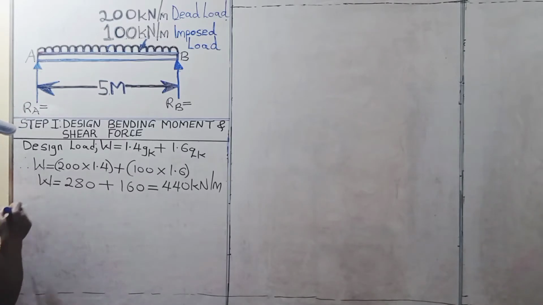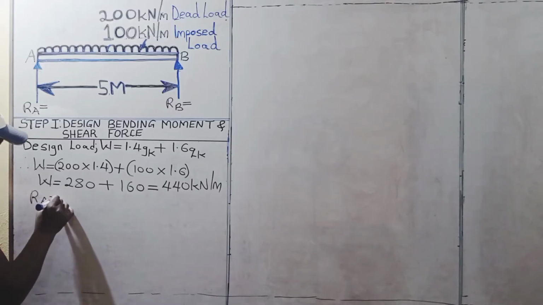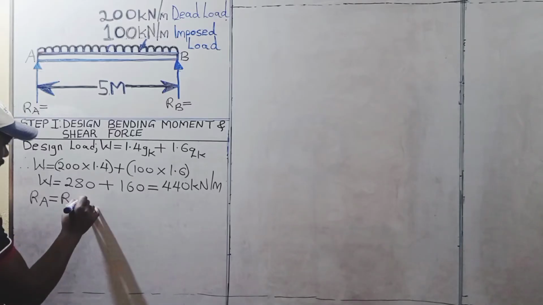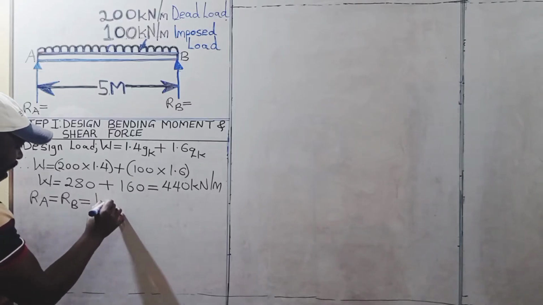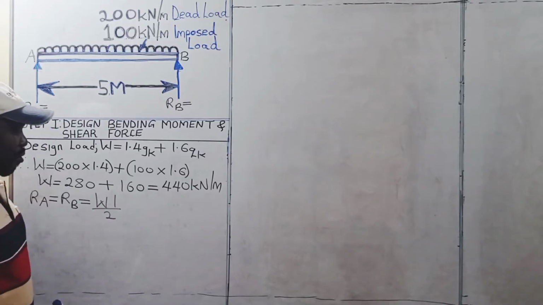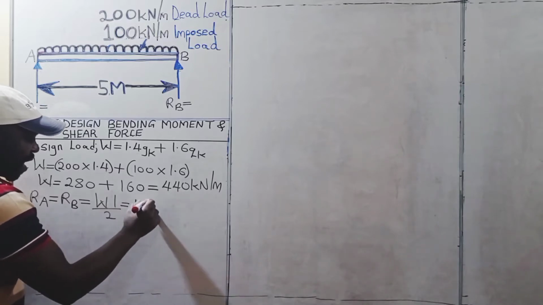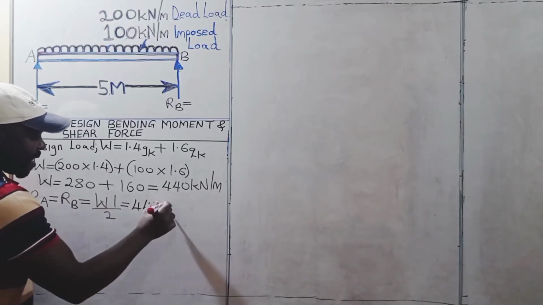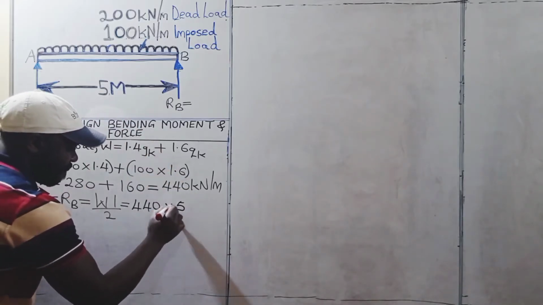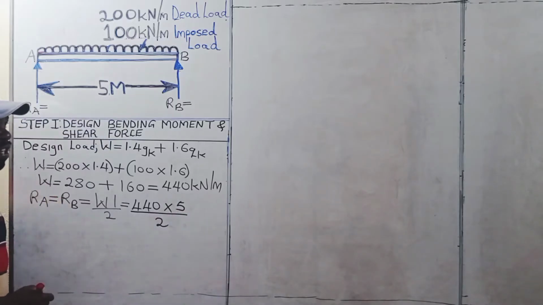Therefore, in this case, we are going to have RA, the reaction at A, being equal to the reaction at B, and this will be given by WL divided by 2. So this is going to be W, which is 440 kilonewtons per meter, multiplied by the span of 5 meters, and then we divide this by 2.